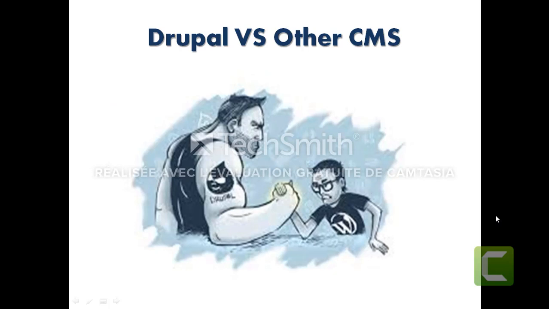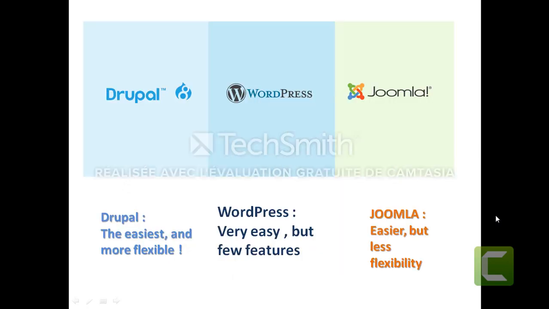Now, we're going to see Drupal versus other CMSs. There are a ton of CMS software out there that are represented by different sources, but where is the difference between Drupal and other CMSs?